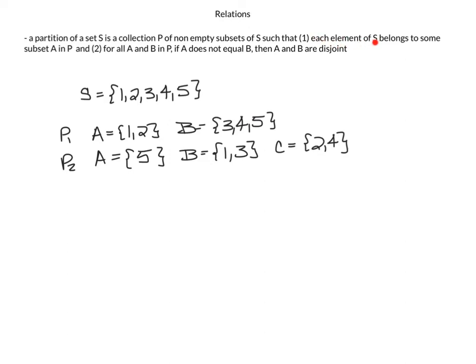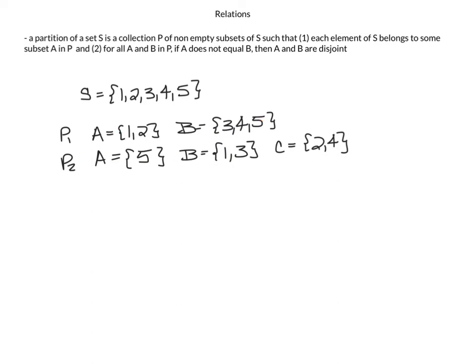And one, each element of S belongs to some subset A in the partition. So we have 5 elements, 1, 2, 3, 4, 5, and 1 and 2 are in the set A, 3, 4, and 5 are in the set B. So everything in S belongs to one of the partitioning subsets. And two, for all A and B in the partition, if A does not equal B, then A and B are disjoint. So A and B do not have any elements in common.